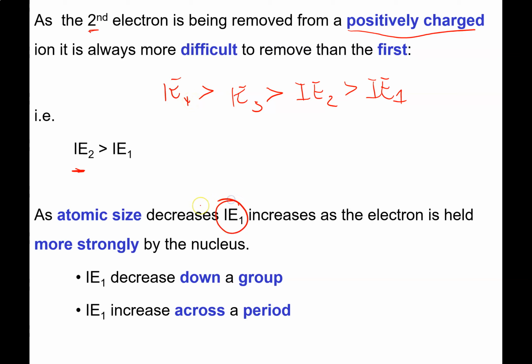So how does IE1 vary across the periodic table? It's a pretty simple rule. As atomic size decreases, the energy required to remove that first electron increases. And why is that? Because that electron is going to be closer to the nucleus and therefore held more strongly. So it is easy to remove an electron from a big atom and hard to remove an electron from a small atom.